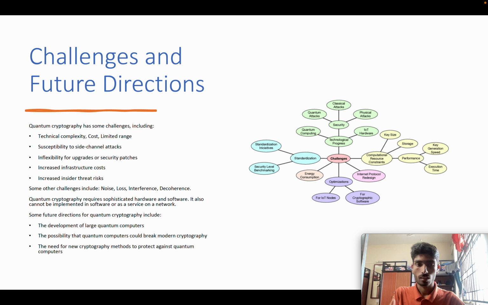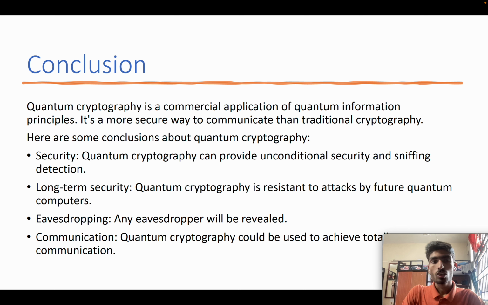We can use different protocols and build different algorithms to deal with the different threats and risks, and we also have to take care of infrastructure cost. So this is all about the challenges and future directions in this slide.